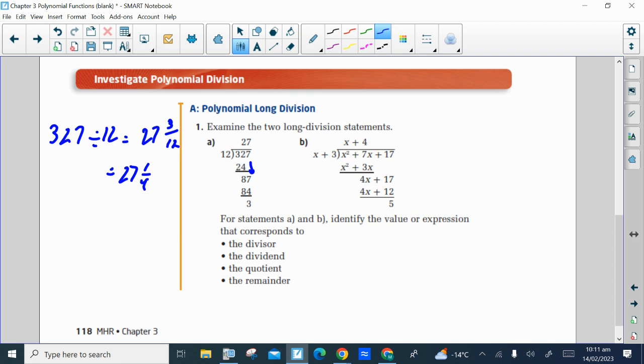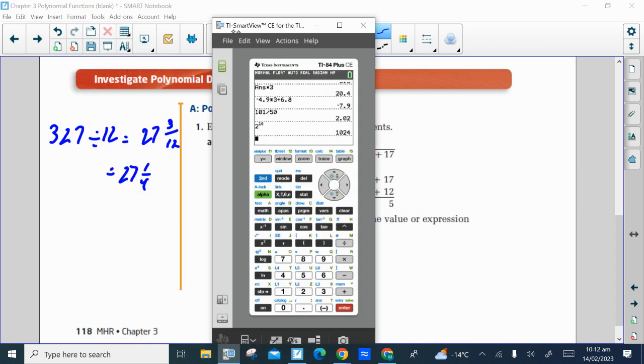Or that 3 on 12 reduces to 27 and 1/4, or 27.25. Okay, so just to show you that what I wrote here, 27 and a remainder of 3, and that is a ratio of what you originally divided into the 327, which is 12, 27 and 3/12, which reduces to 27 and a quarter, or 27.25.